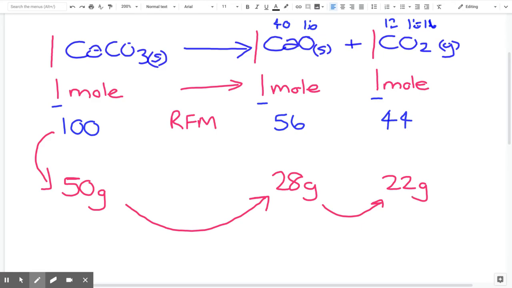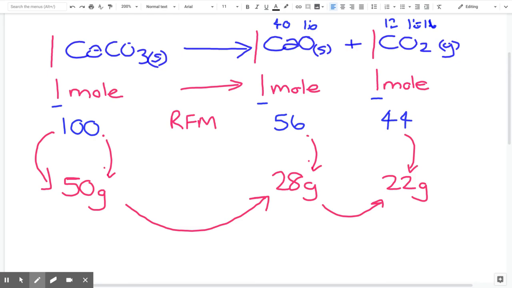Carbon dioxide is a gas, so it would have a volume, but a mass of 22 grams. And we know that because 100 to 50 is divided by 2, and that allows us to use the same ratios to generate these other masses.